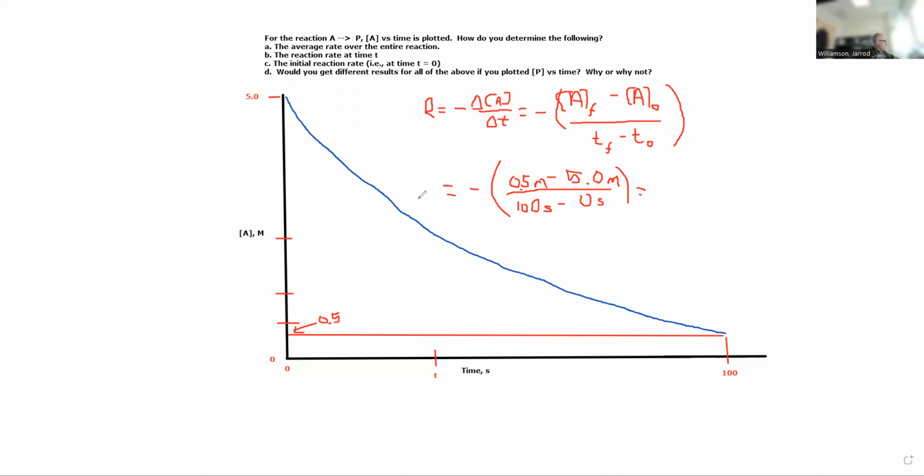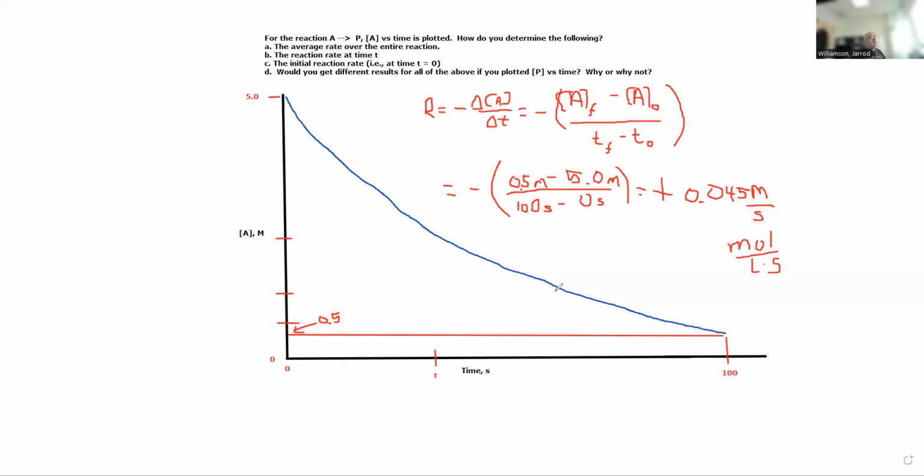That'll be positive 0.045 molarity per second, which is the same thing as moles per liter per second.